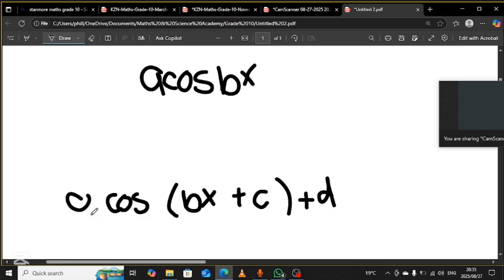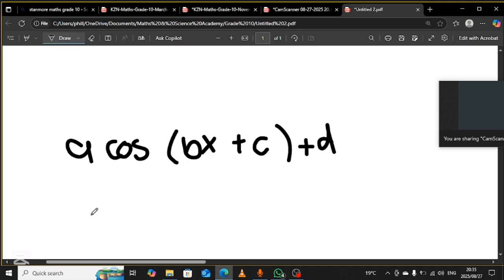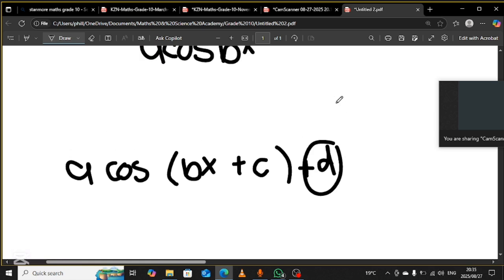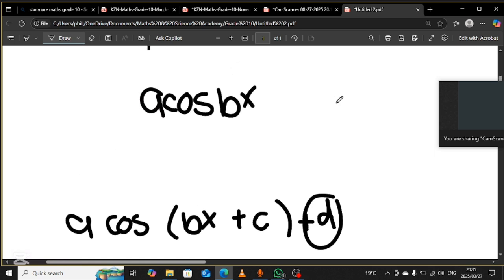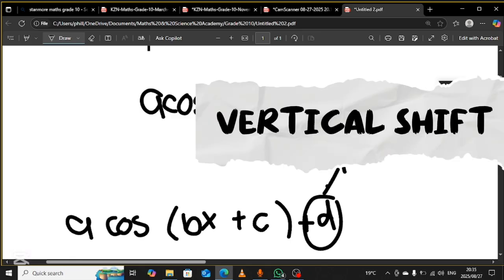But maybe there's an A before the bracket, or it's something like this. The d is actually the same. D doesn't change. D actually represents vertical shift or up or downward shift. They can change alphabets, it doesn't matter, but whenever you see plus d or minus d, just know it's a vertical shift or up or downward shift.